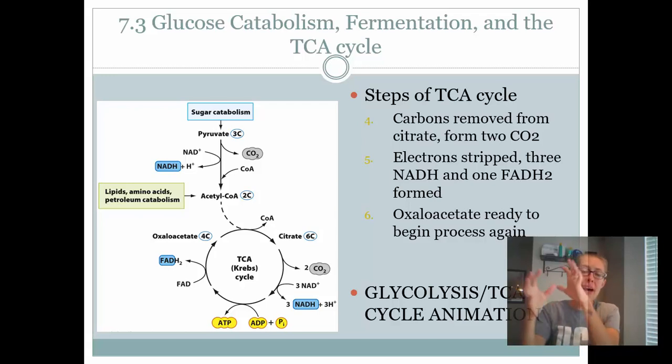But through that series of steps, we are going to be producing lots and lots of electron carriers in their energized form. So we will have, for each turn, 3 NADH, and we will also have FADH2 that is produced.